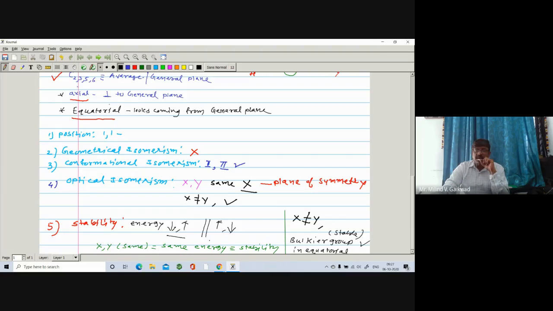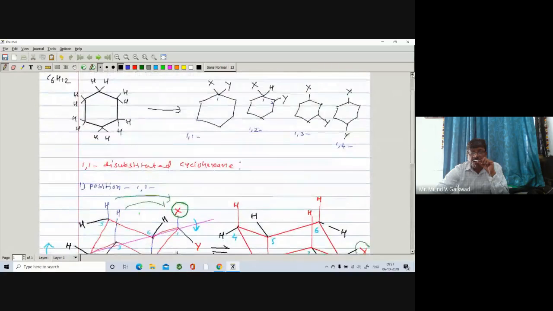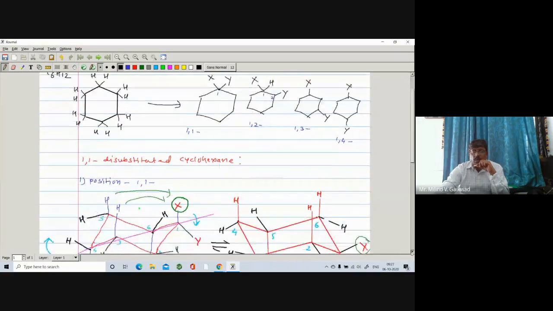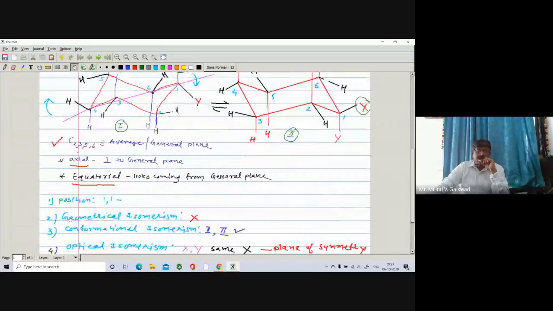In this case, we should know the structure of cyclohexane. Then you have to write down the axial and equatorial bonds, and we should know the position of each bond.